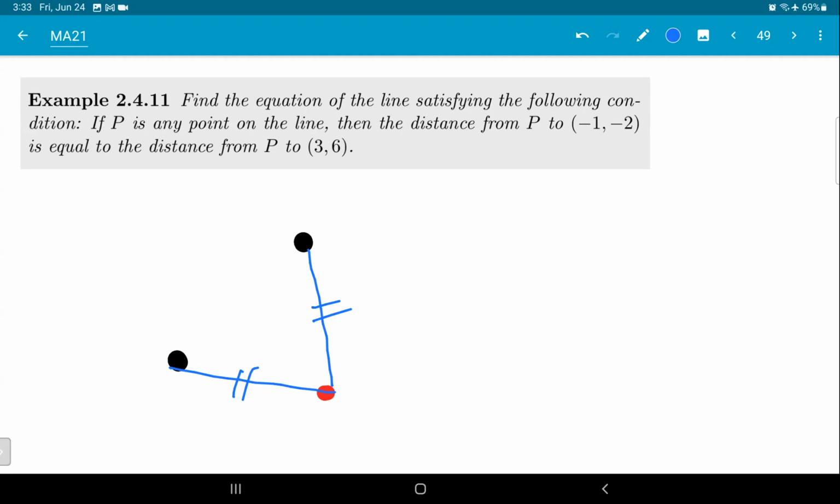Later on, we'll see a special kind of line that can be used to solve such types of problems, so that you don't have to resort to an algebraic method to solve these types of problems.